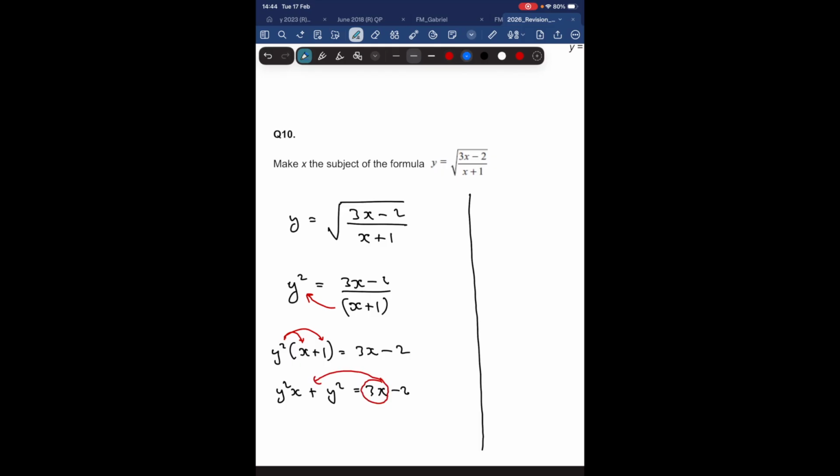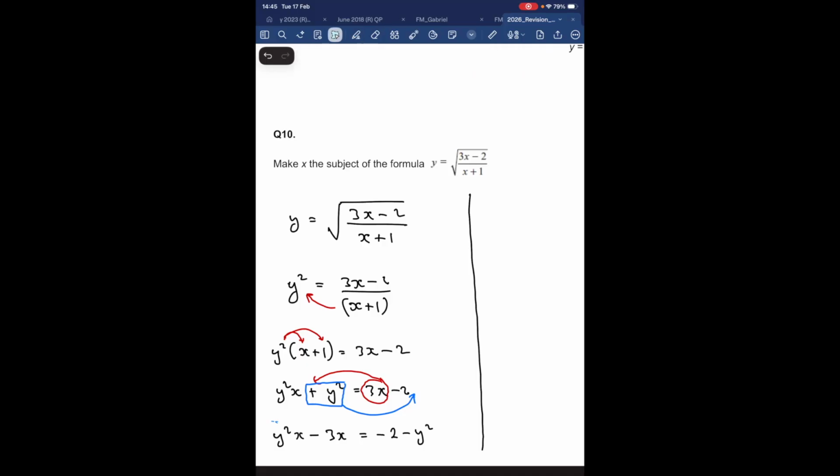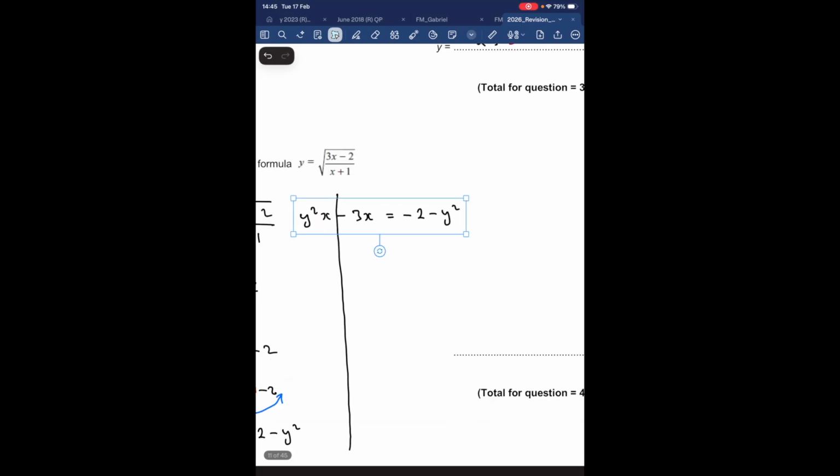At the same time, I'm going to bring this plus y squared term, because it doesn't contain an x, over to the right. So on the left, we're now going to have y squared x minus 3x equals minus 2 minus y squared. And I'm just going to copy this expression and paste it on the right-hand side.